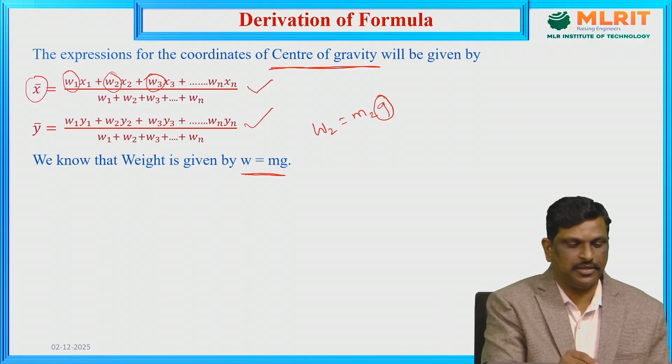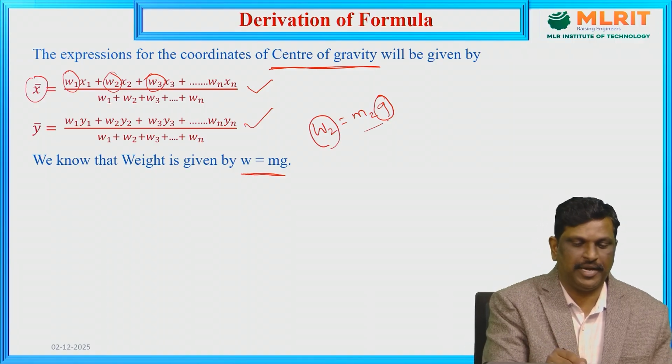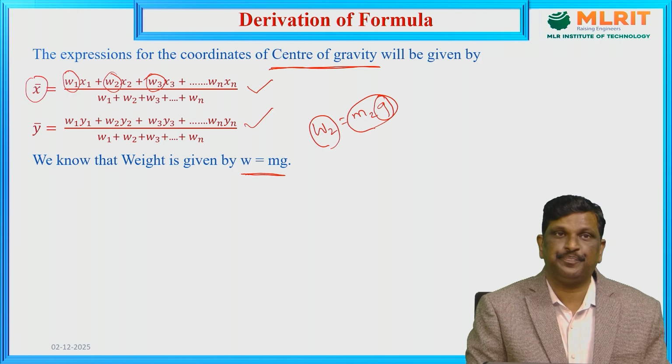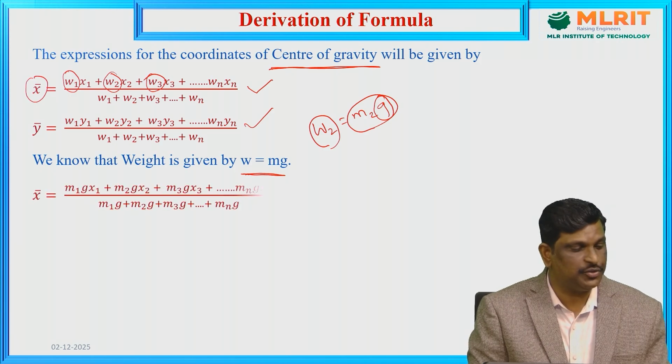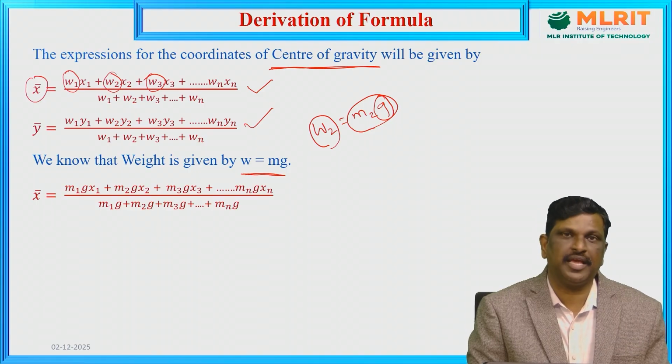The equation is reduced to m1g x1 plus m2g x2 plus m3g x3 and so on mng xn divided by m1g plus m2g plus m3g and so on mng.